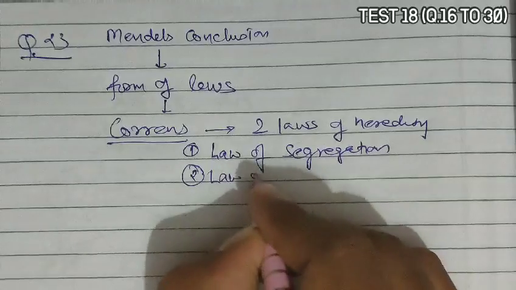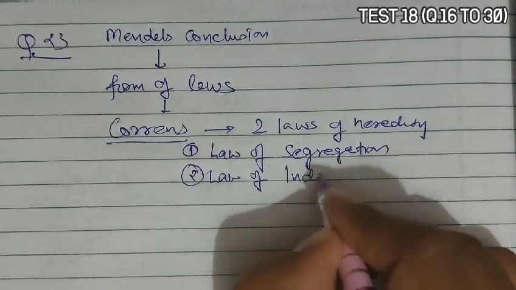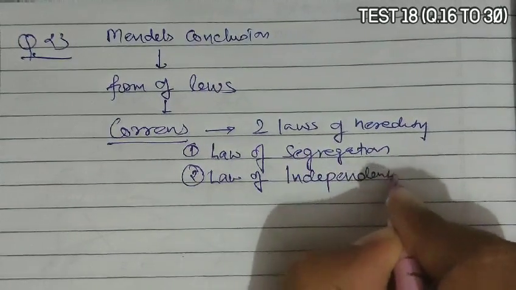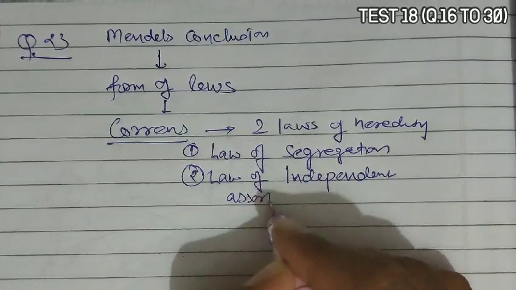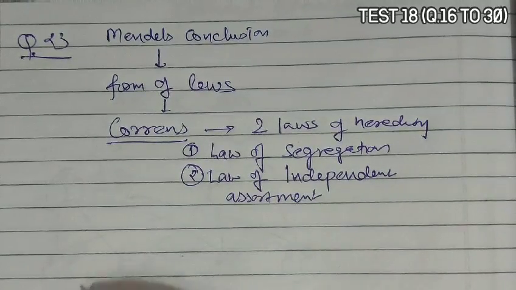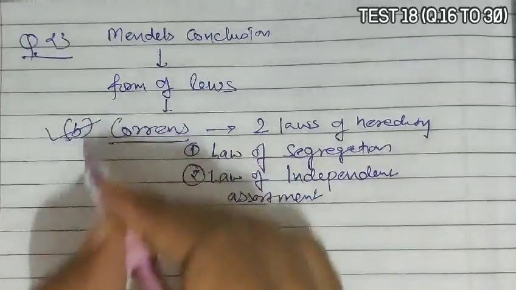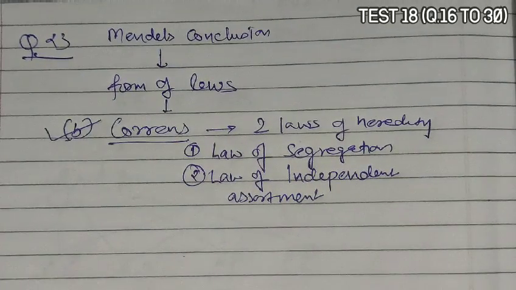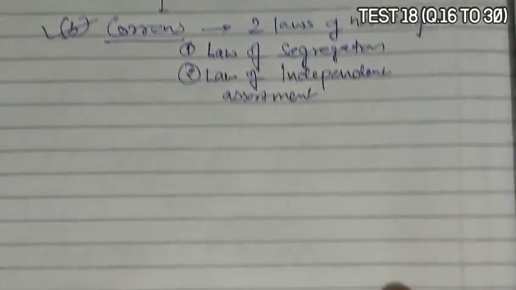One is the law of segregation and the other is the law of independent assortment. So B is the correct answer, that is Correns.